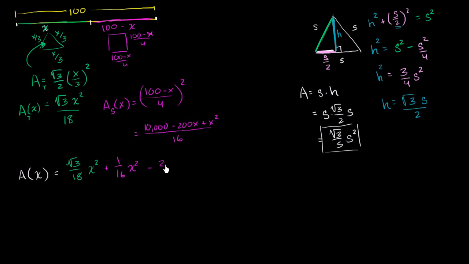Let's see, if you divide both 200 and 16 by 4, you have 50 over 4x. And so you can divide, that becomes 25 over 2. So minus 25 over 2x.